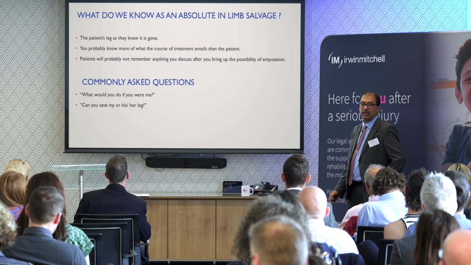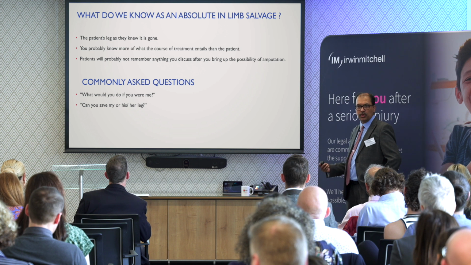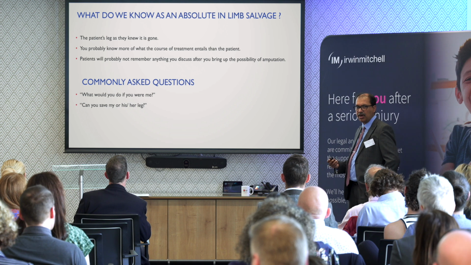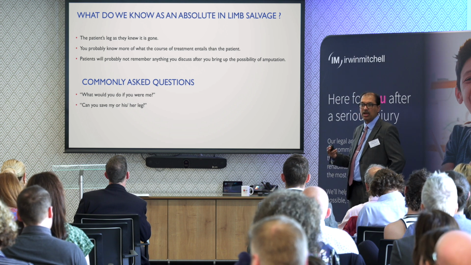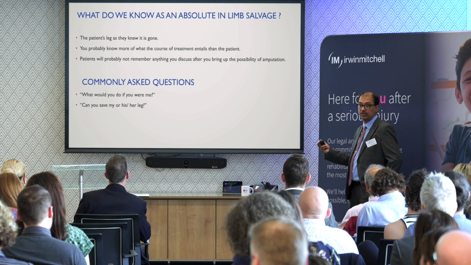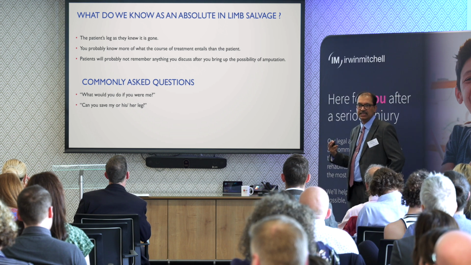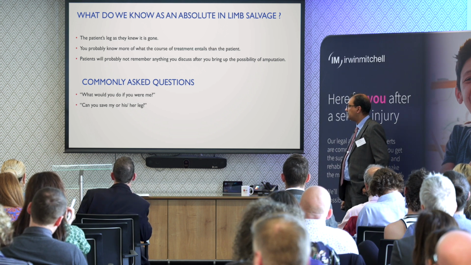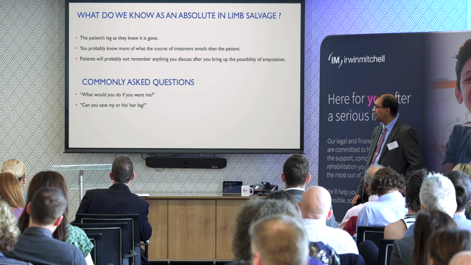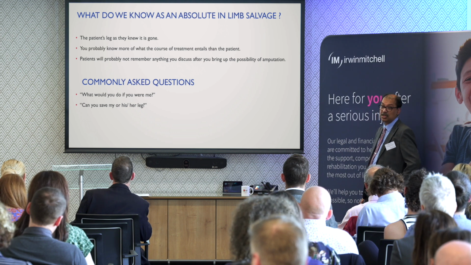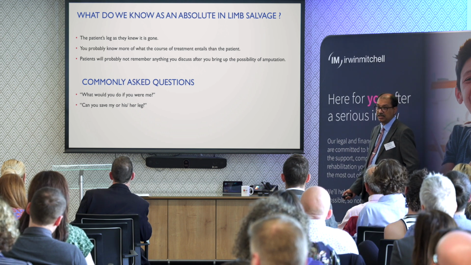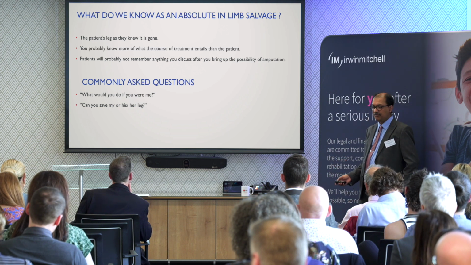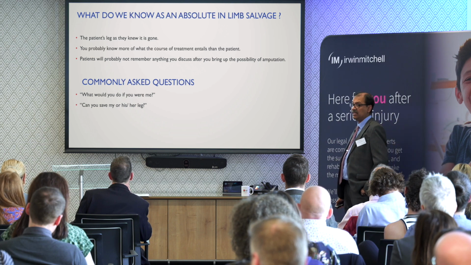Usually in a mangled limb, there are some discussions about the possibility of amputation, whether it's now or in the future, but not always can these things be remembered. But the commonly asked questions are, what would you do if you were me? Can you save my or his or her leg? This is the commonest thing we see. Sometimes it is very difficult to answer these questions at that time.